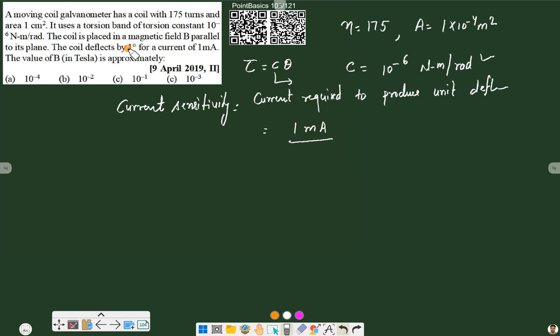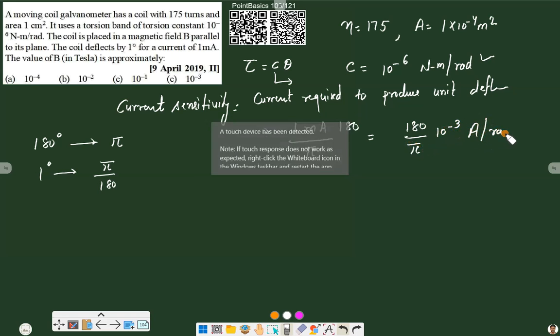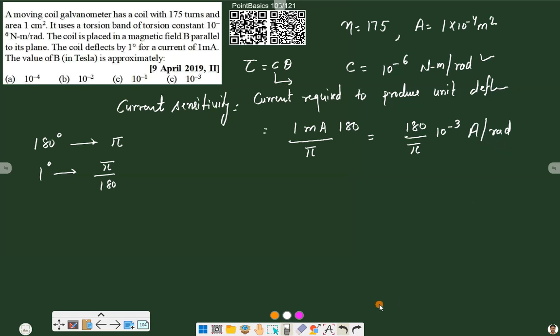So we will convert this 1 degree into radian, and we know that 180 degree is equal to pi radian and 1 degree is equal to pi by 180. So it will be 180 by pi into 10 raised to power minus 3 ampere per radian. So that's the current sensitivity here.